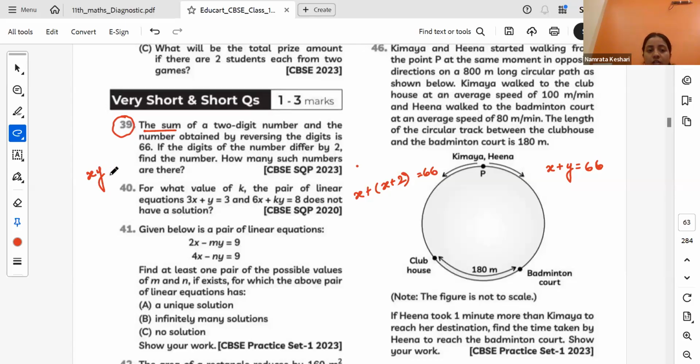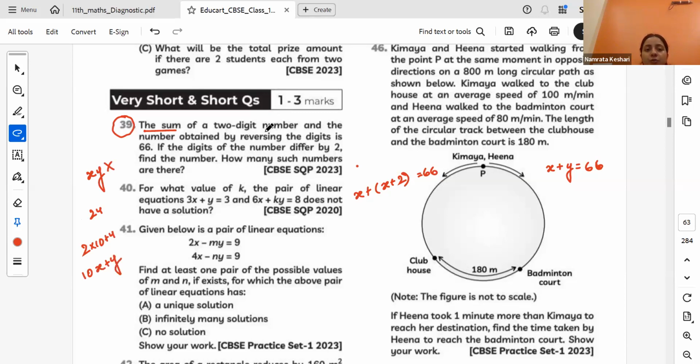To avoid this confusion, we take the place value. For example, 24, we take the place value as 2 into 10 plus 4. Similarly, rather than writing xy, we will write 10x plus y. This is our two-digit number.